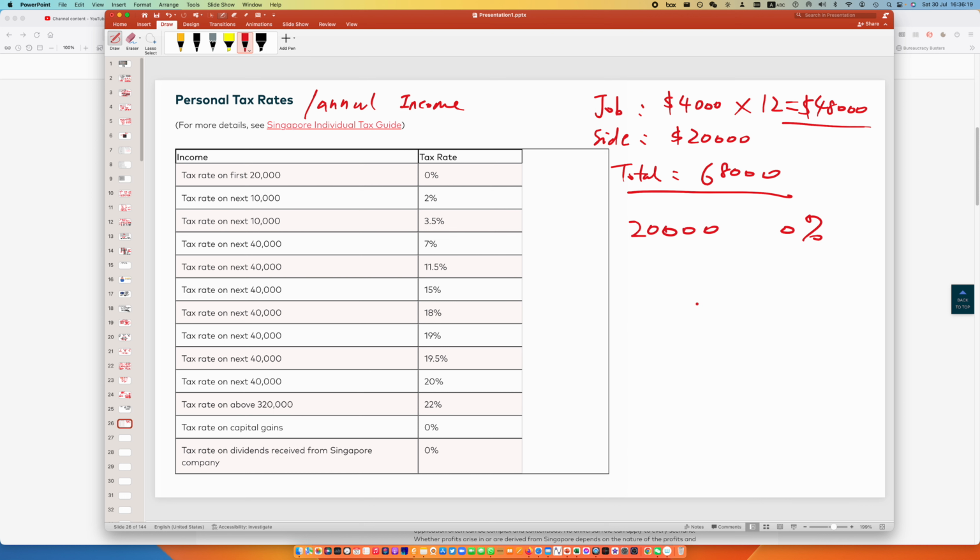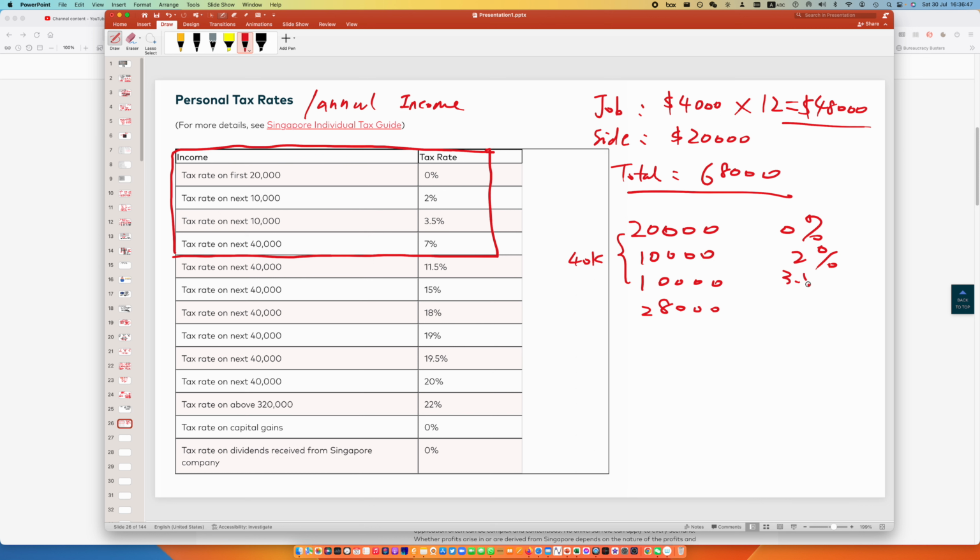Then the next bracket, this adds up to 40k already, and you still have 28k more. So the person will reach here. This one will be 2%, this one will be 3.5%, and this will be 7%.